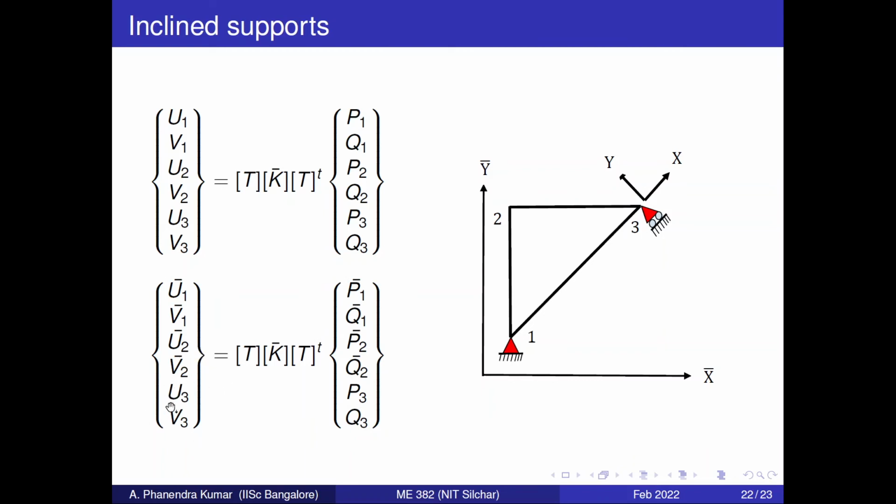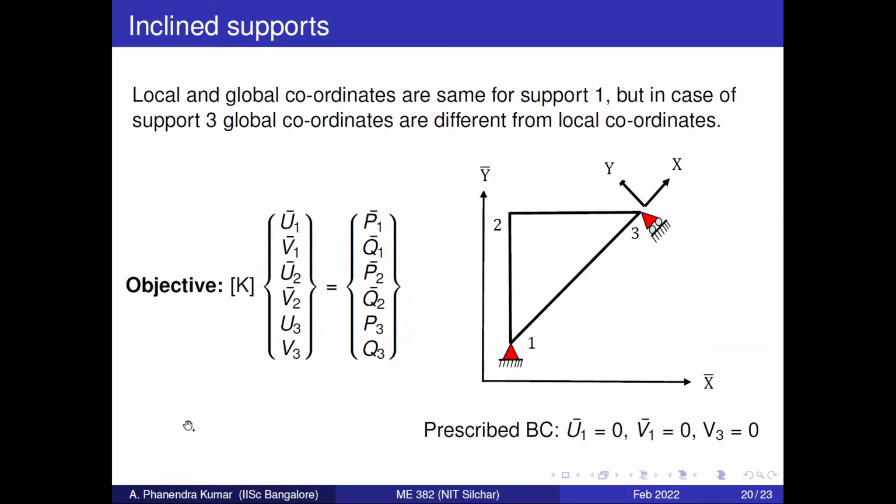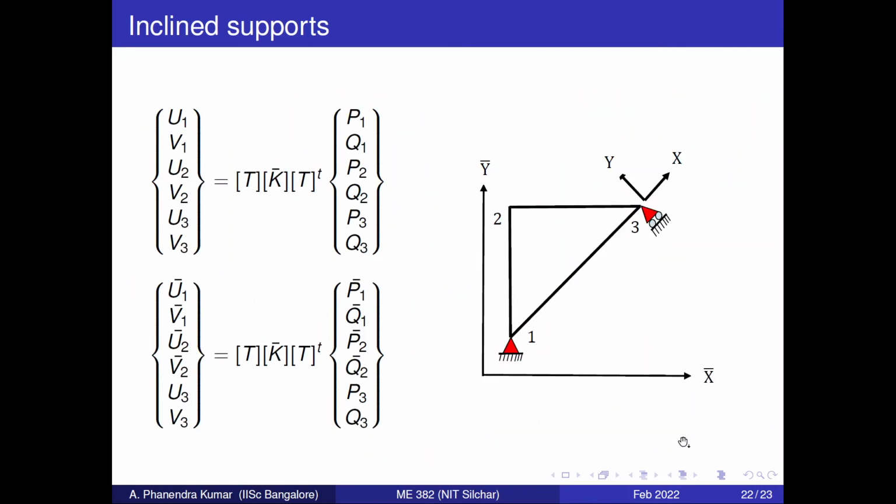So now we can apply the degrees of freedom boundary conditions. What we have as the boundary conditions are U1 bar, V1 bar is 0 and V3 is 0. Now we can apply those boundary conditions. As we have zeros here, we can do the elimination method for finding the unknown degrees of freedom, and later we can find the unknown load or the unknown reaction loads also.